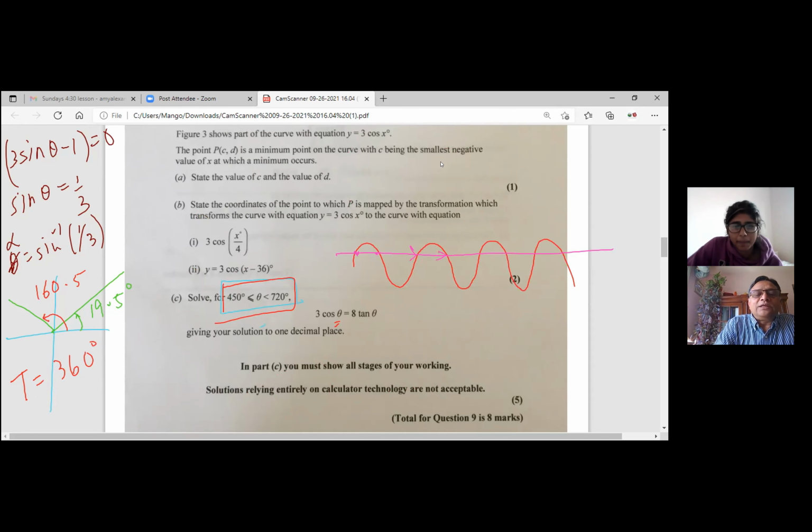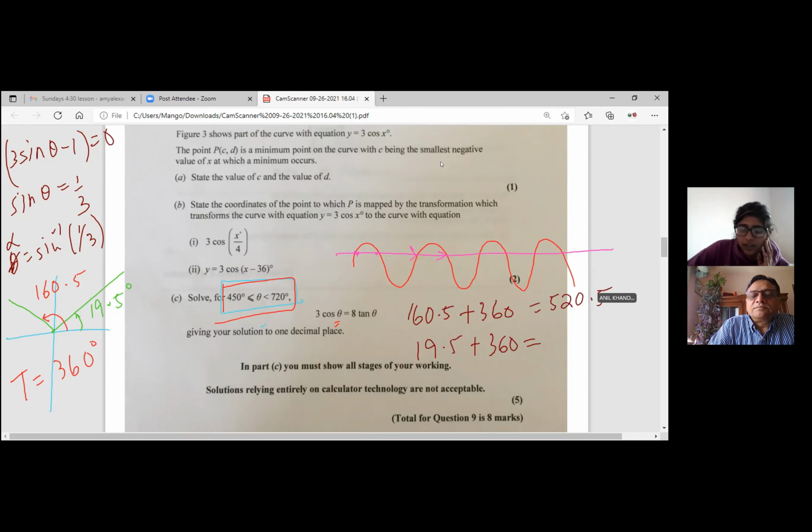Add 360 to them. So we have two values: 160.5 plus 360, and the other angle is 19.5 plus 360, in degrees. The first one, you get 520.5. And the second one, you get 379.5. So I need to add another 360 to that one.